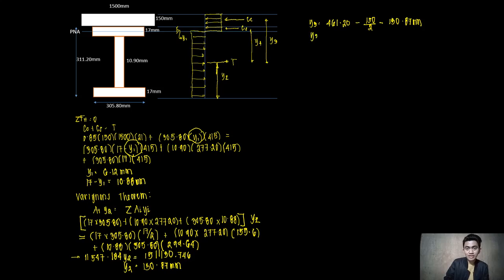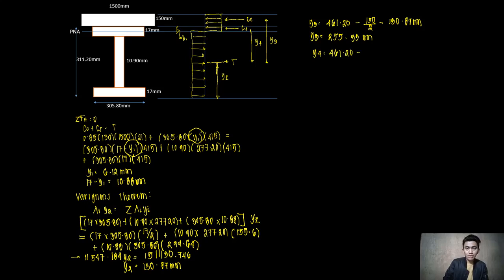Therefore, y sub 3 is equal to 461.20 minus 150 over 2 minus 130.87, which is 255.33 mm.